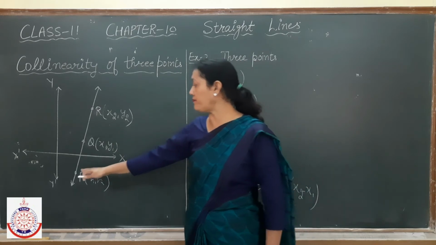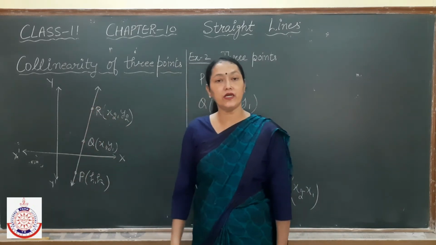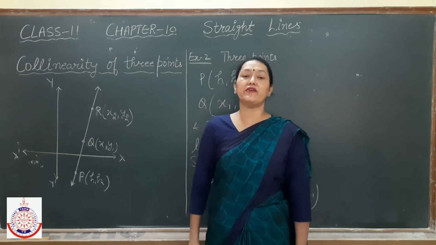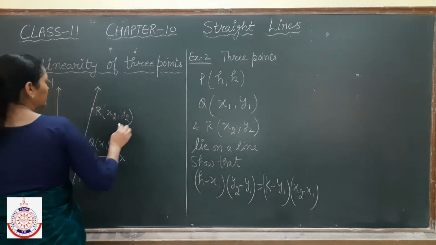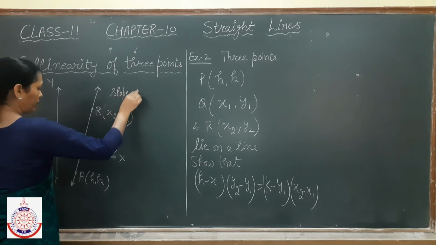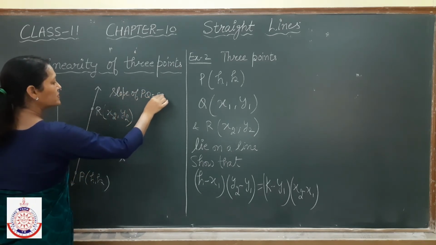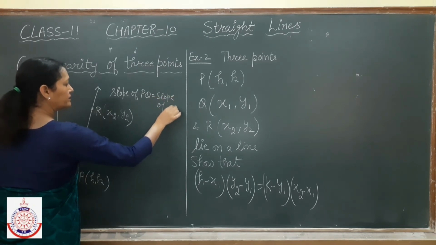Line joining PQ and line joining QR will be forming the same angle of inclination. That means the slope is the same. So whenever we are given that points are collinear, we will be using the concept that slope of PQ is the same as slope of QR.